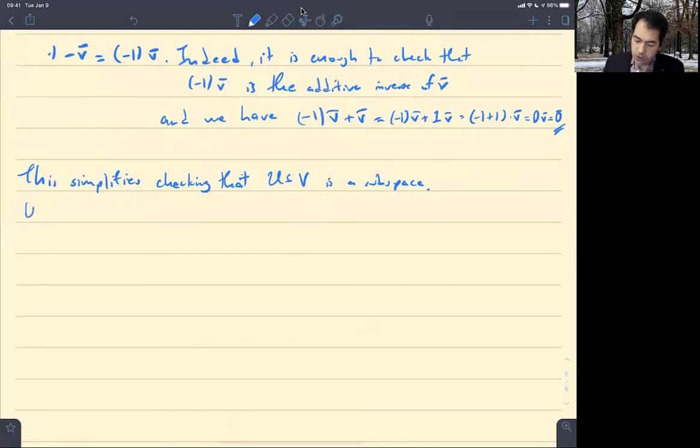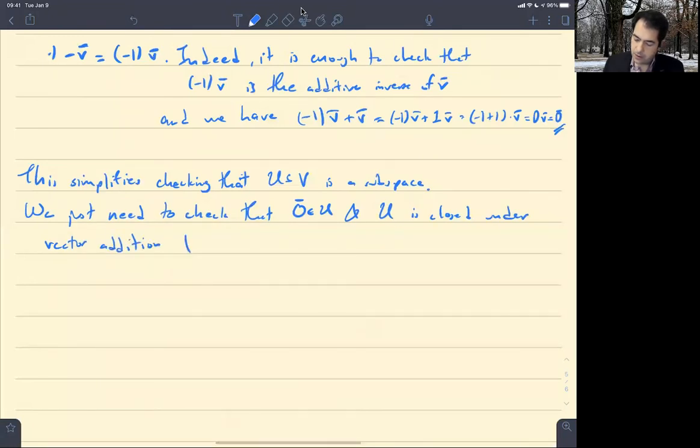So we just need to check that 0 is in U and U is closed under vector addition and scalar multiplication.